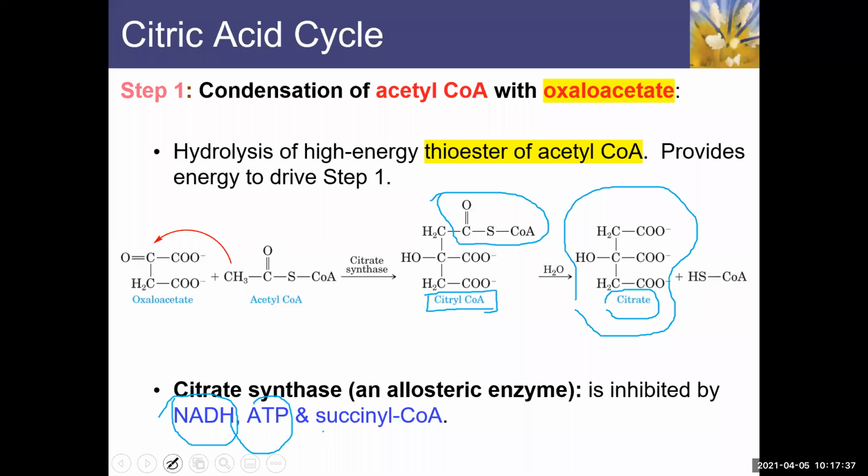If there are enough ATPs in the cell, enough NADH in the cell, then obviously, since this is a rate limiting step, it will not go further. It's going to stop over here, right? So presence of NADH, presence of ATP, or presence of a large amount of succinyl CoA can inhibit this step. That means it will not go further.